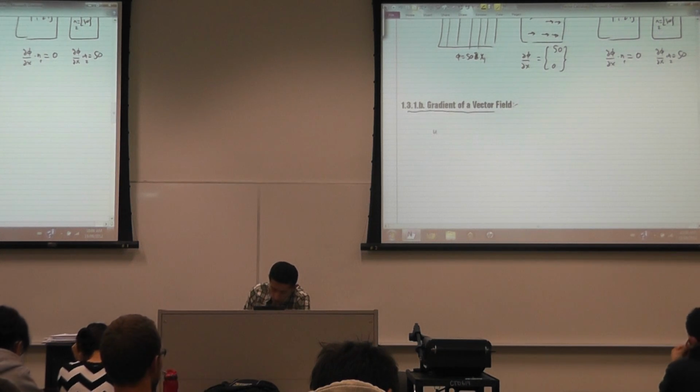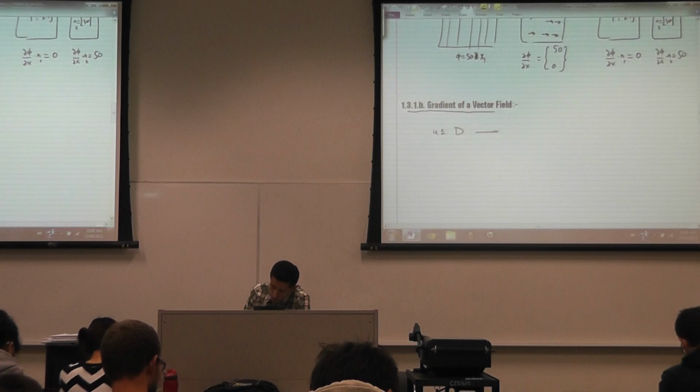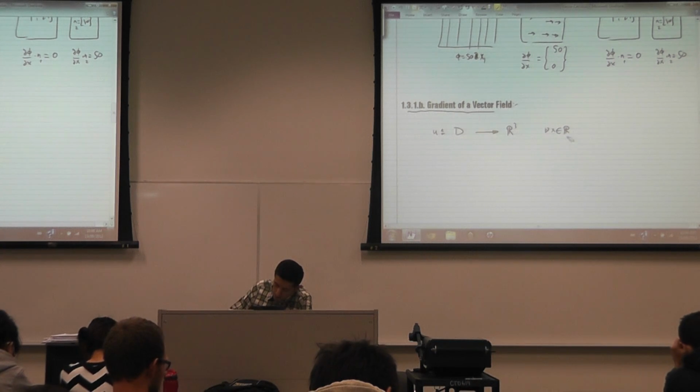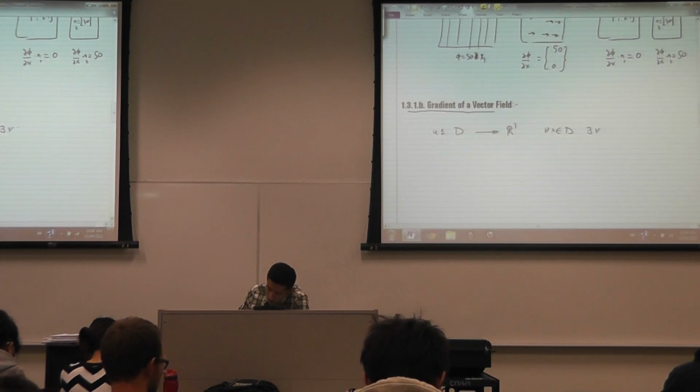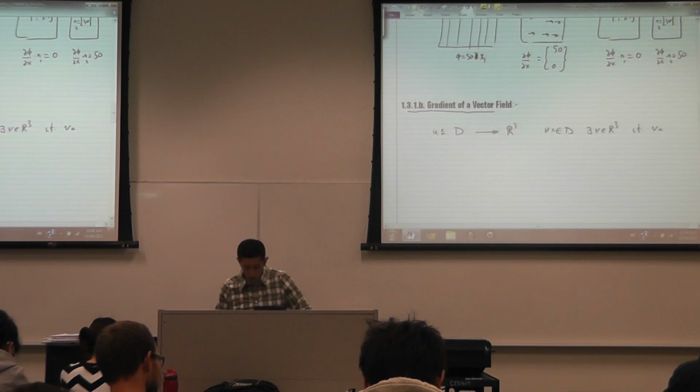If I have u, which is a map from D to R3, for every x in D there exists a vector in R3 such that this vector is equal to a function of x.